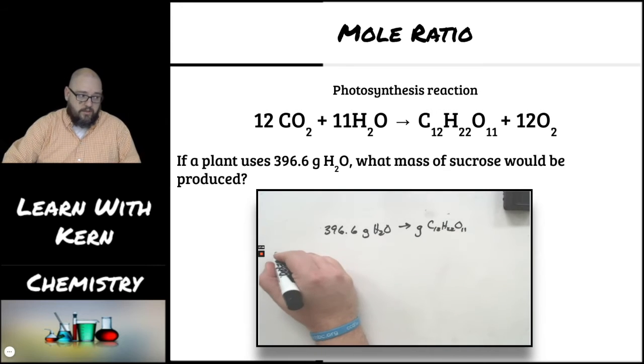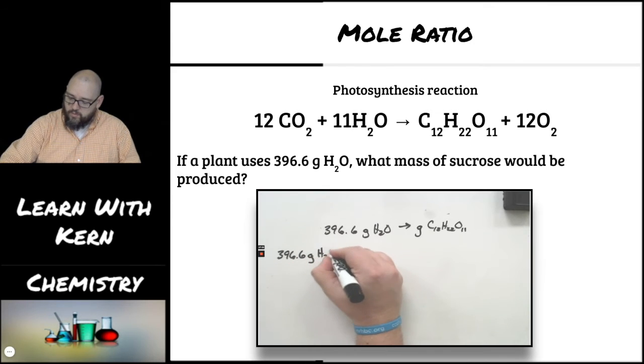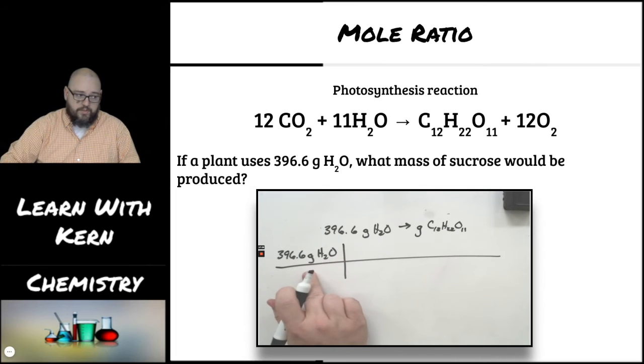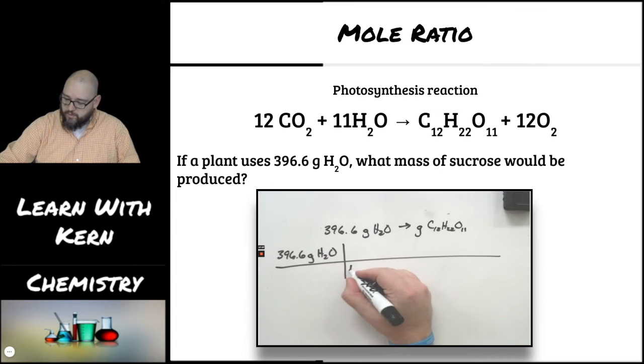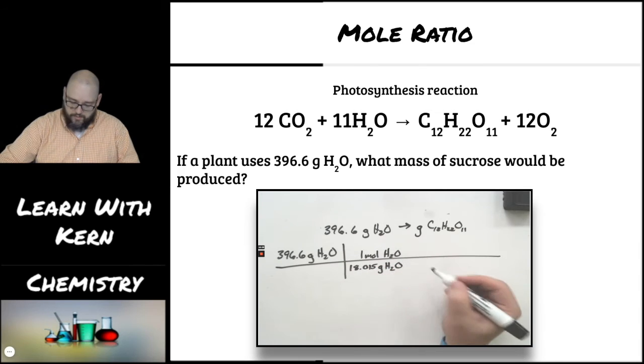Okay, so again, as always, we start with 396.6 grams of water. The number I start with, I need to convert it to moles. So I'm going to put the molar mass of water on the bottom, and that equals 1 mole of water.